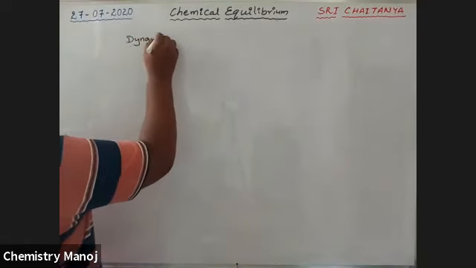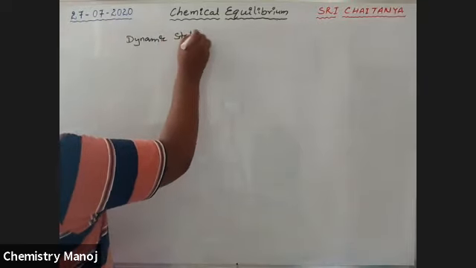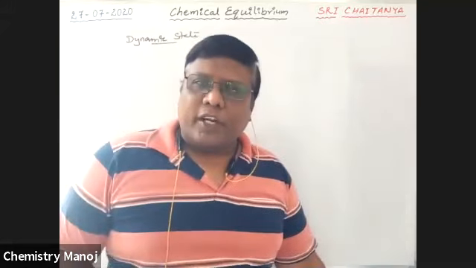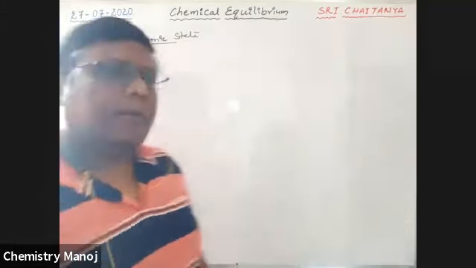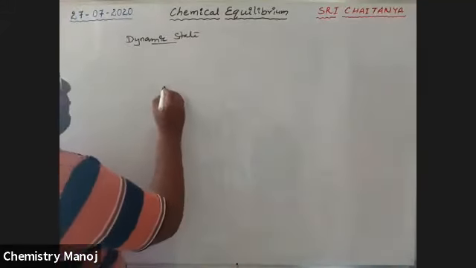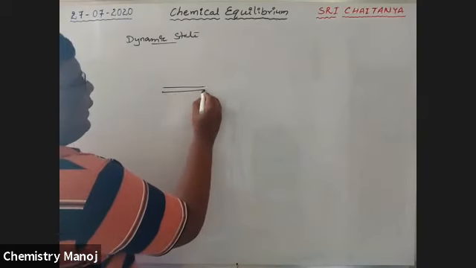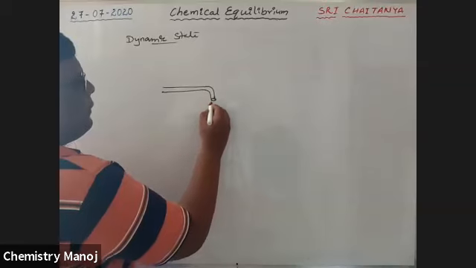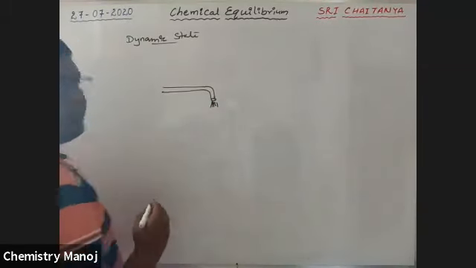Dynamic state. What is this dynamic state? I'm illustrating with an example. See here. Let us take a tap with water flowing.